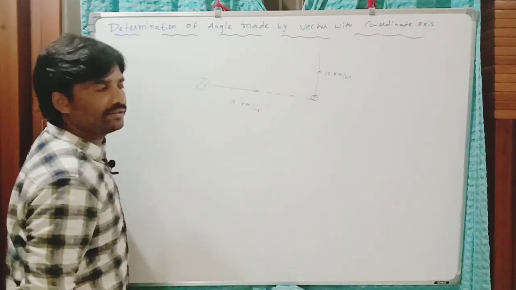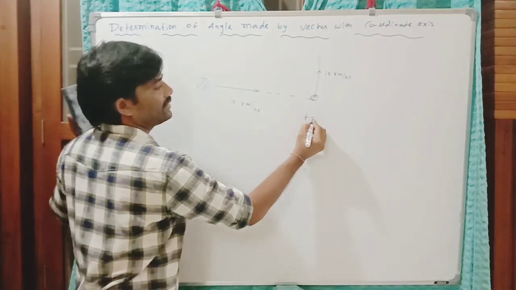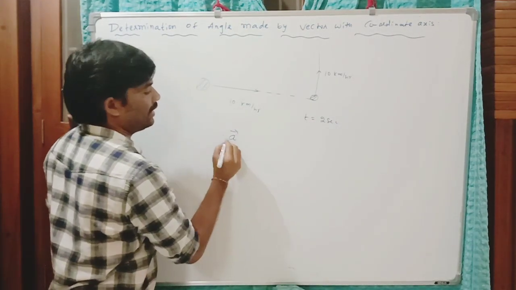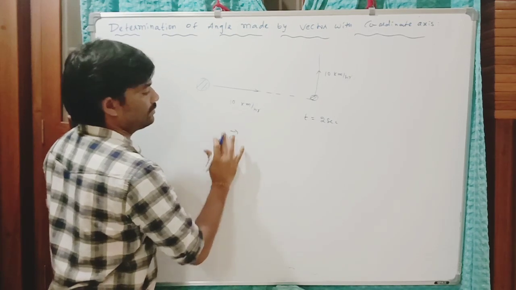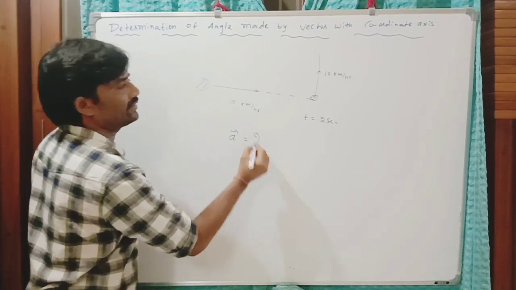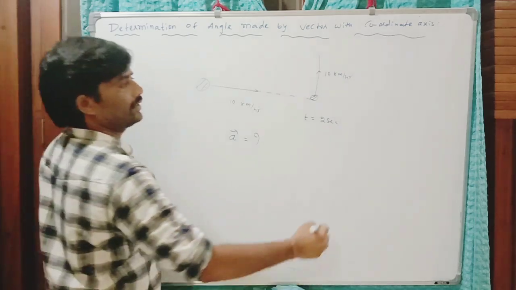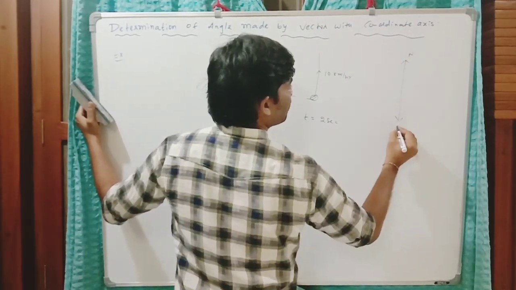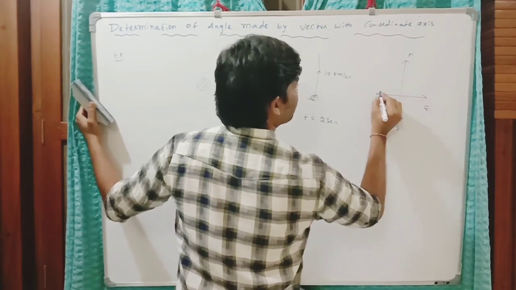It has taken a turn after 2 seconds. Then what is the average acceleration of the particle? So let us take the geographical directions here: north, south, east, west.